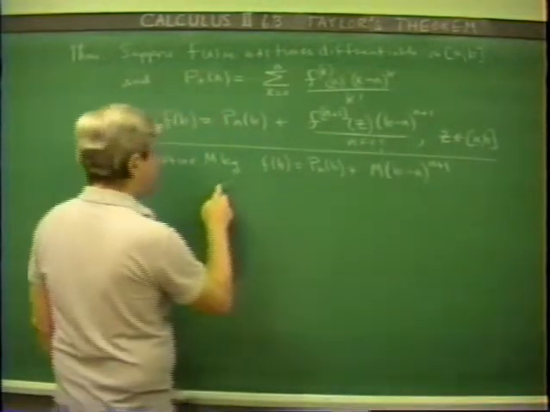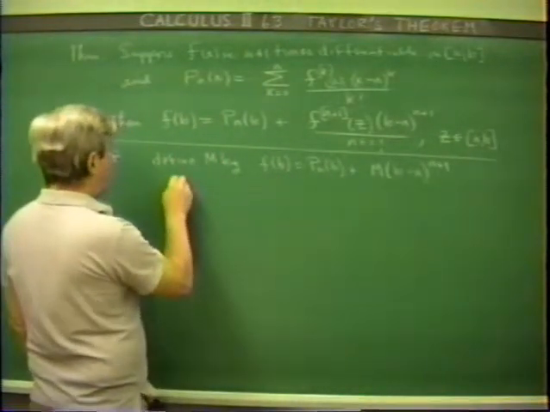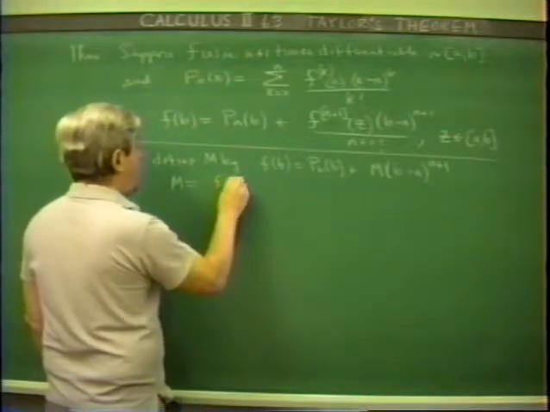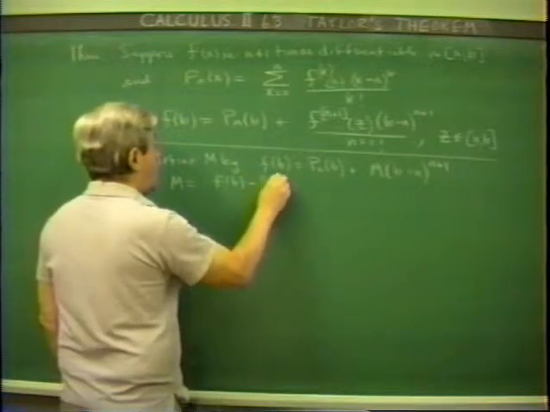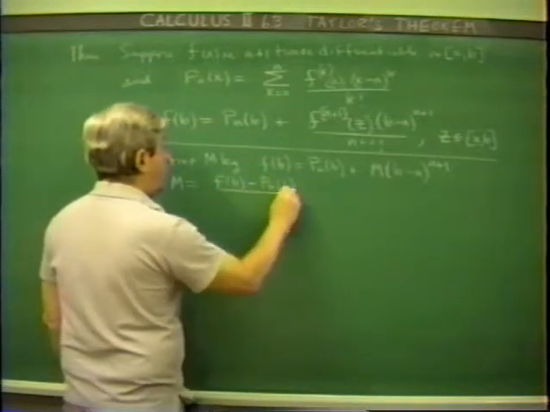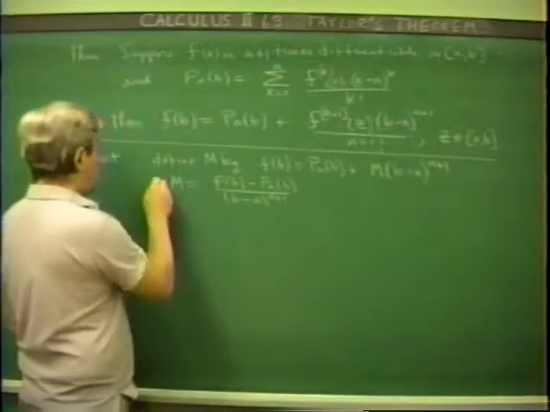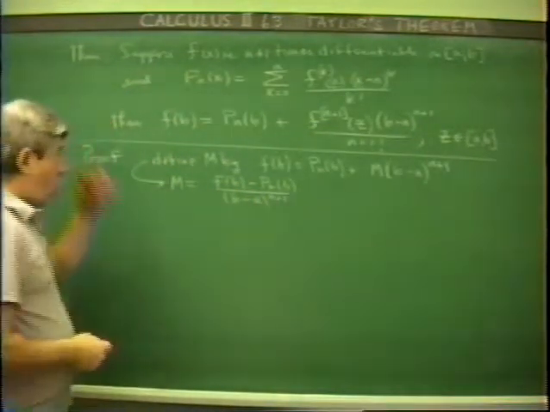Whatever f of b is, M is going to be equal to f of b minus Pn of b, whatever it happens to be, divided by b minus a to the n plus 1. So this defines M.